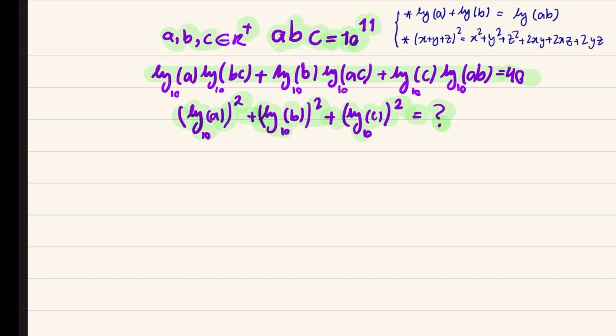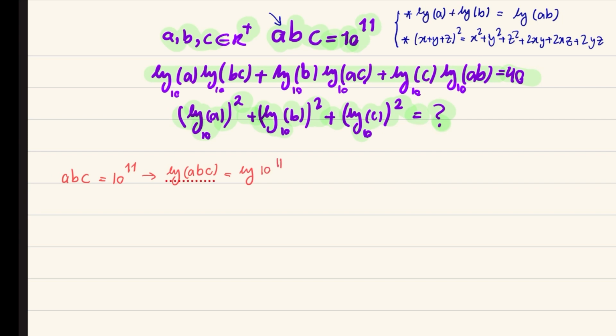I first start with the first term that we have here. When we have a times b times c equals 10 to the power 11, I can take log of both hand sides of this equation, which gives me log of a times b times c equals log 10 to the power 11.